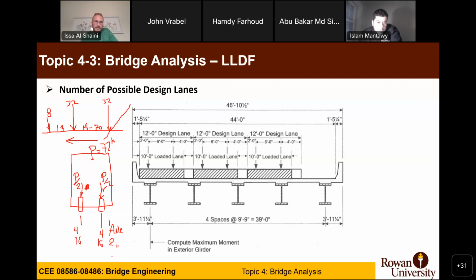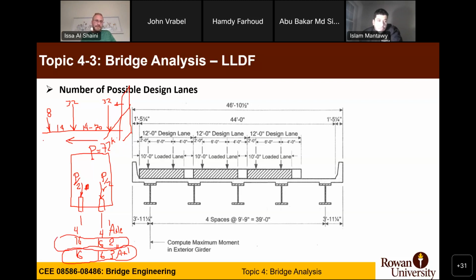And the last one, the third axle, same, 16. If you work a lot with LiDAR, you have a segment here, and this segment is moving along. Once you reach axle number 3, the loads will be 16 and 16, and it moves to the second one, 16 and 16.